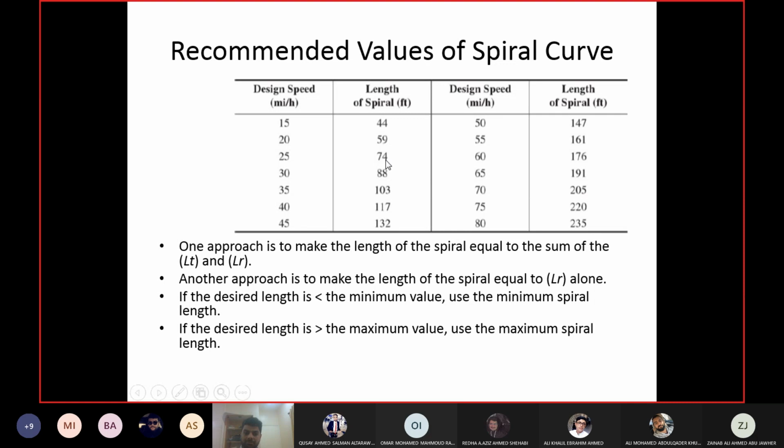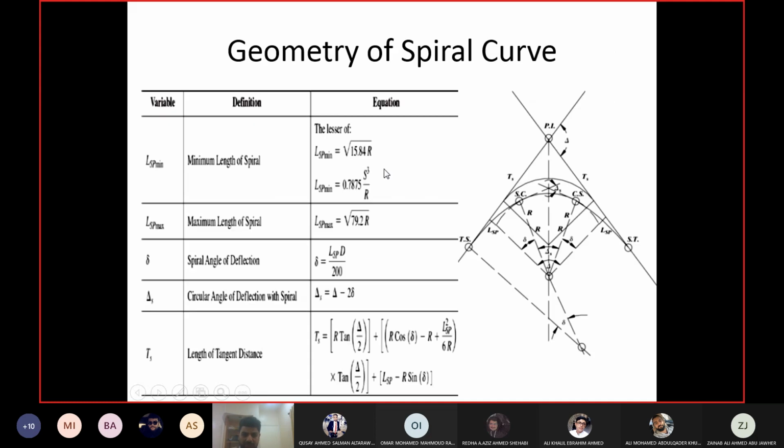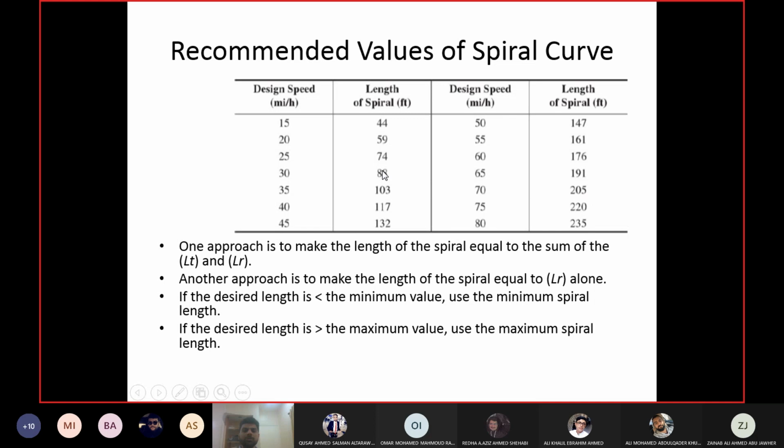First guideline is you can use this table. Calculate the values from the previous equations, so you have the range. Come to this table and see if the values of the table are within the range. You can pick a value from this table, no problem.